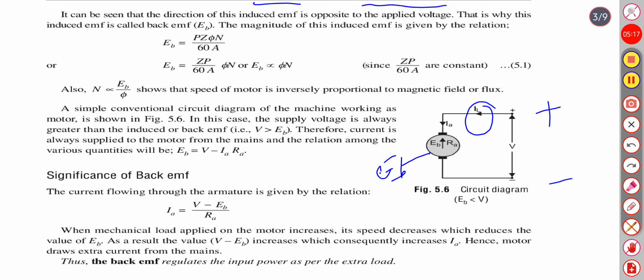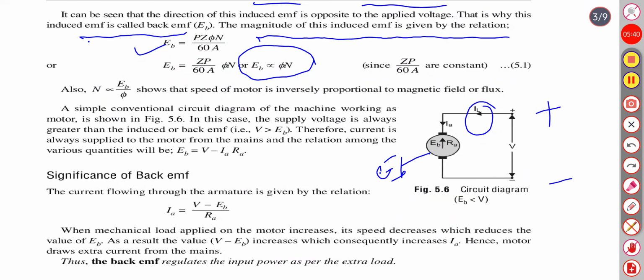So the direction of the induced EMF is opposite to the applied voltage. That is why this induced EMF is called back EMF. The magnitude of this induced EMF is given by the relation PZφN by 60A. Therefore, Eb is proportional to flux and the rotation of the armature.